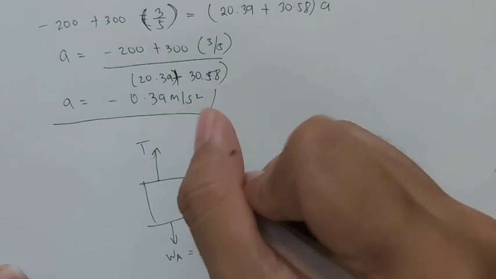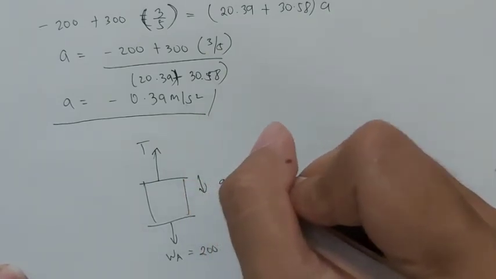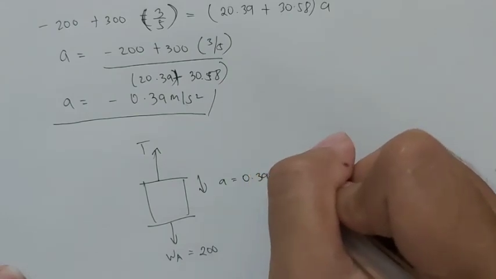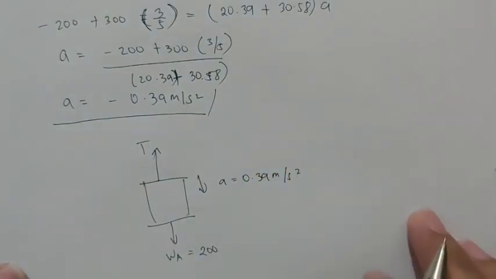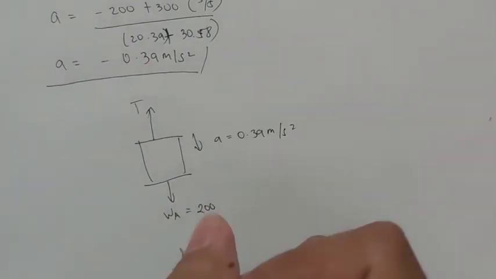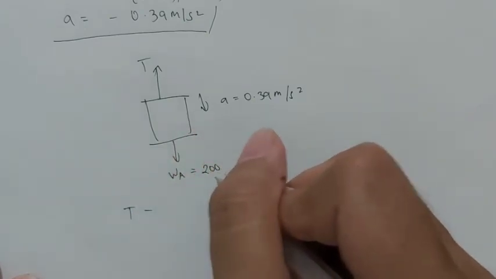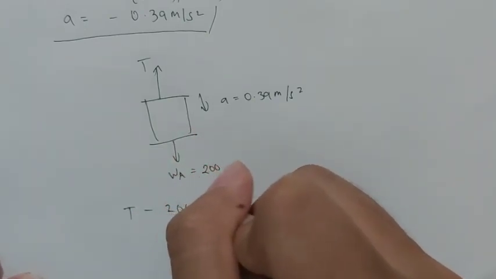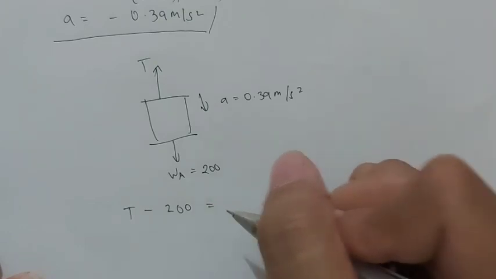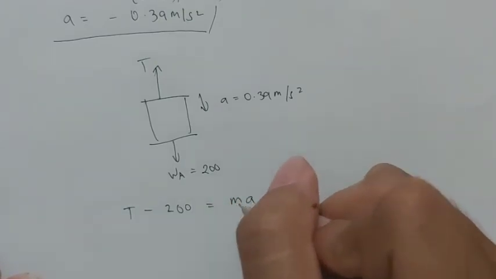Then our acceleration is pababa dahil negative. So our acceleration is equal to 0.39 meter per second square. So equation natin is T minus, dahil pababa to, 200 is equal to MA.